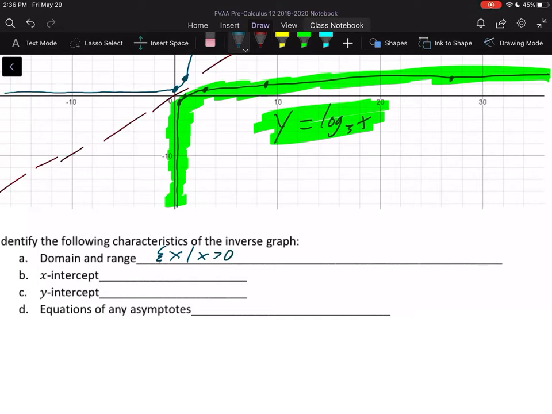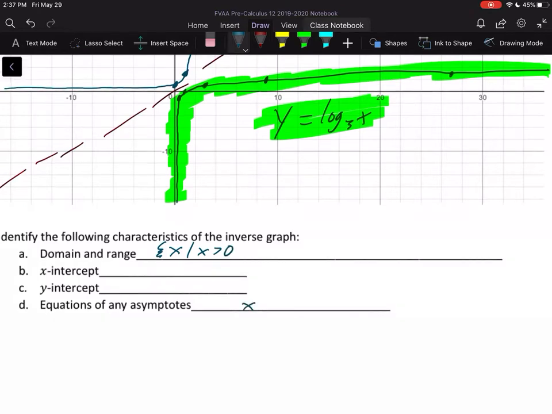That x = 0 is actually an asymptote. We can write down here x = 0 is an asymptote. And then, because it's a solid line, x represents the reals, and for the range, y is just all reals.